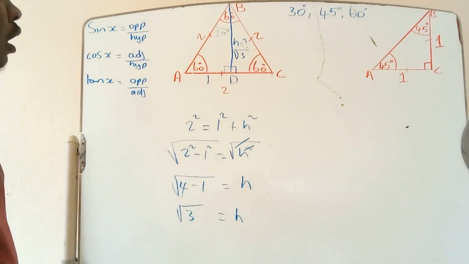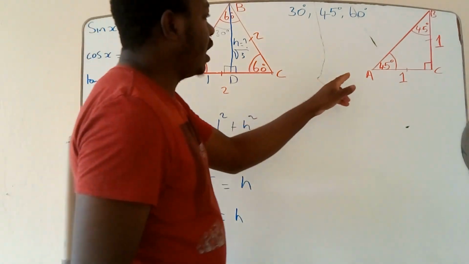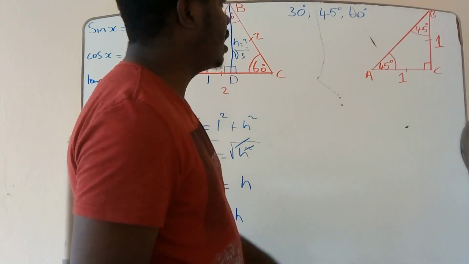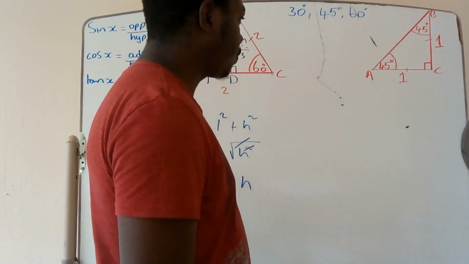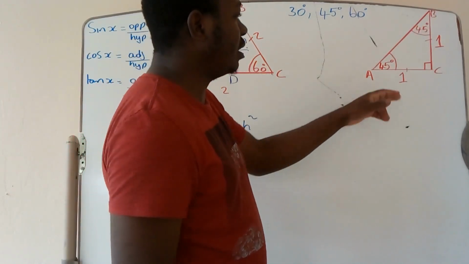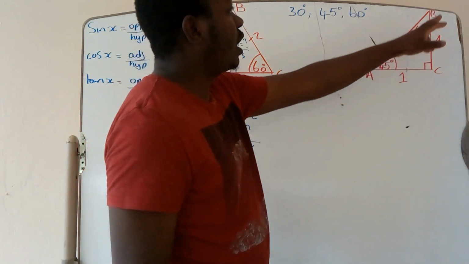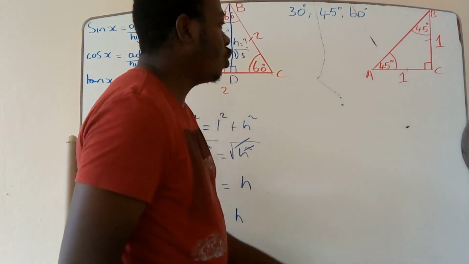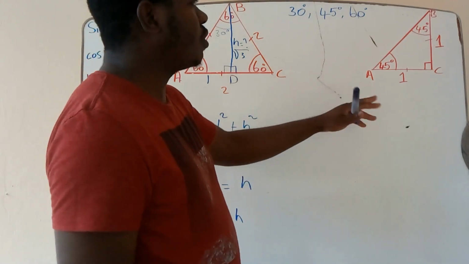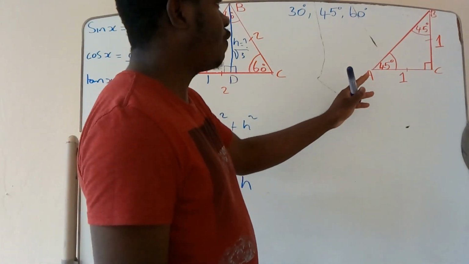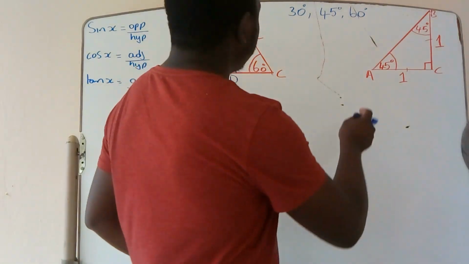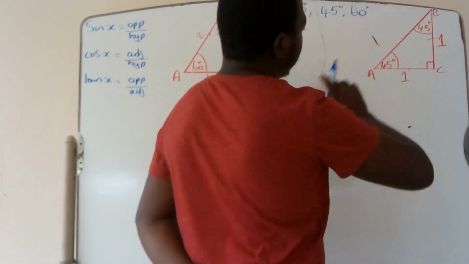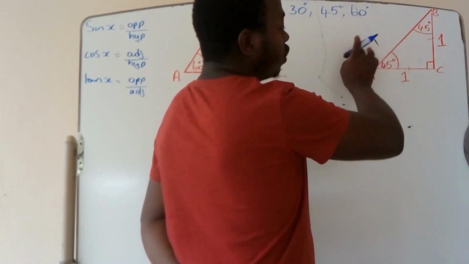Right? Now, I don't know the length of AB over here, and I want to calculate the length of AB. I know that AC is 1, and I know that BC is 1 also. Now I can use Pythagoras theorem to calculate the value of AB, because AB will form the hypotenuse.